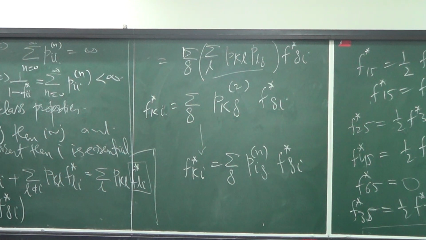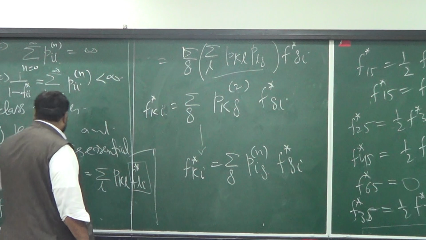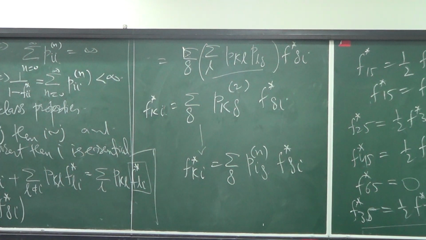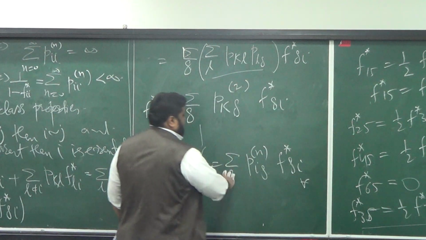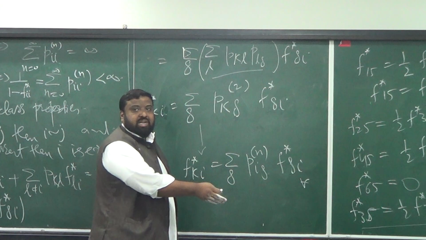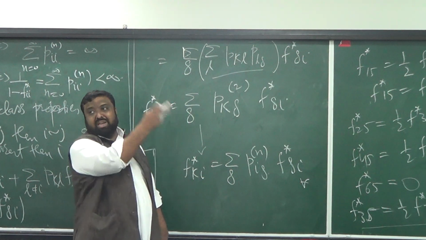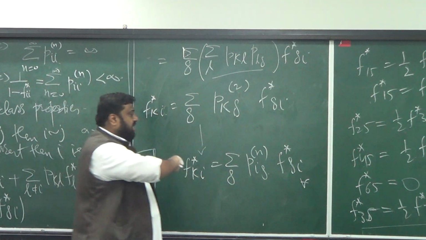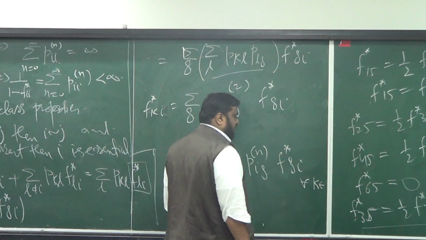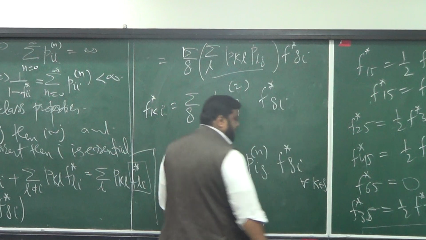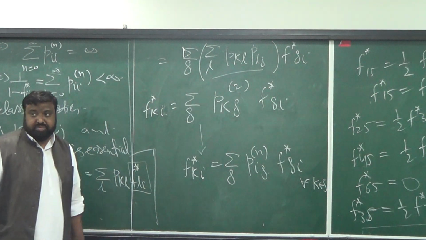Keep in view that this K is arbitrary, so I haven't made any assumption on K. This expression is independent in itself; you can keep it as a lemma. It is true for all K in the state space S, without any restriction.